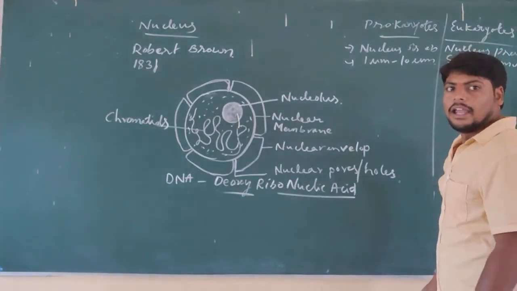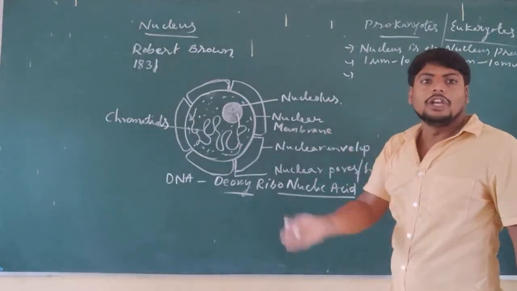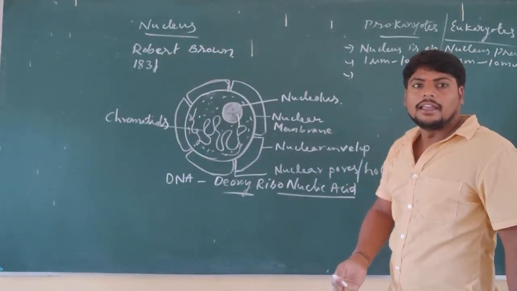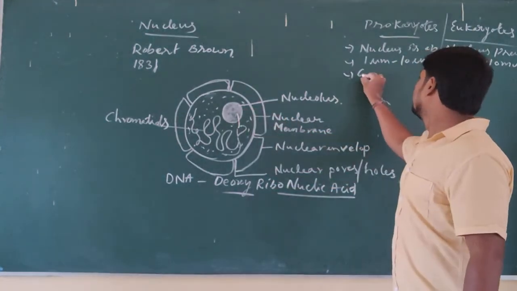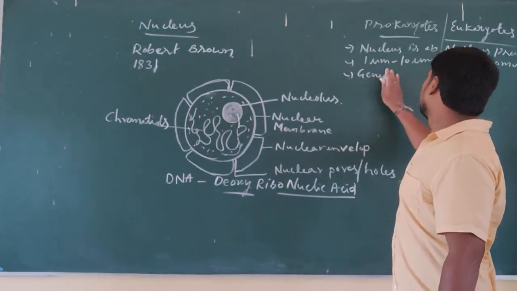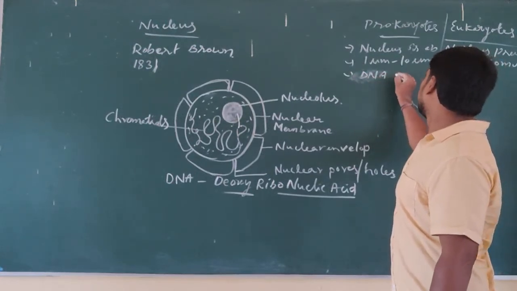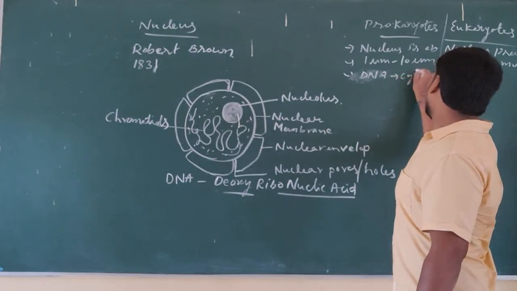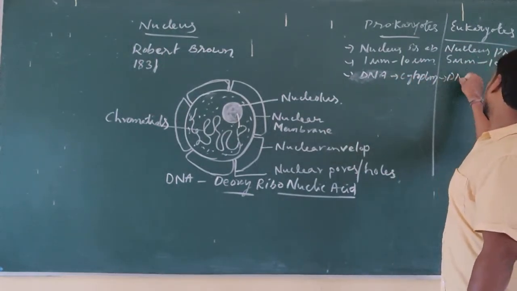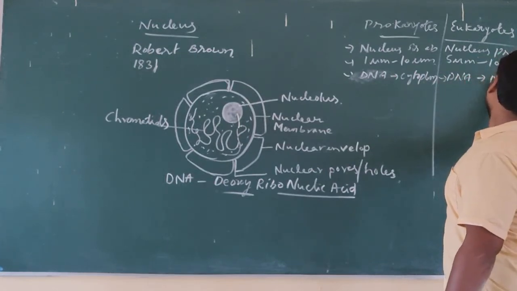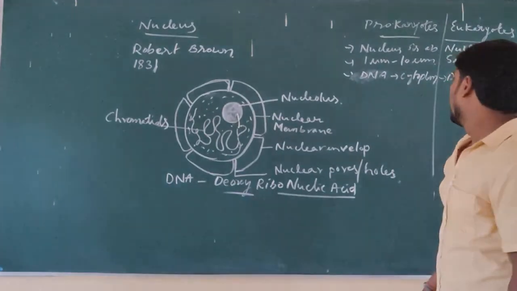Also, we have seen that if there is no nucleus, these components are not present, but genetic material is present, that is, DNA is present in the cytoplasm. What about here? DNA is present in the nucleus. That is one thing.